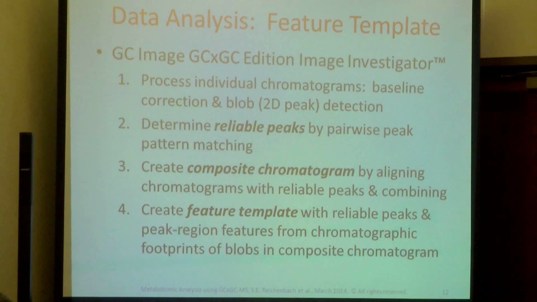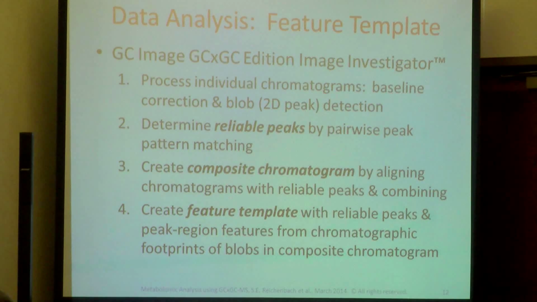So then, having this composite chromatogram, we do a little bit of the same processing on it. We remove the baseline, then we find the peaks. We've detected hundreds, perhaps even thousands of peaks in this composite chromatogram.